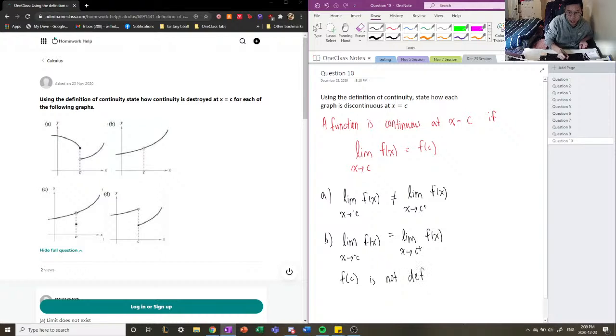As you can see by this blank dot here, it signifies that f of c does not exist. So although the limits equal each other, they cannot equal f of c because f of c does not exist.